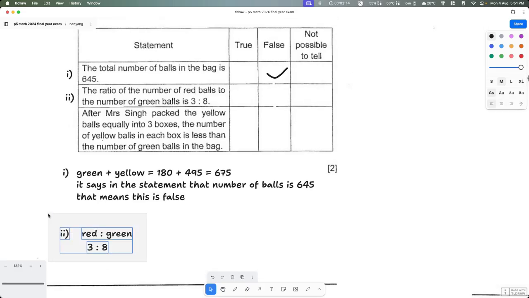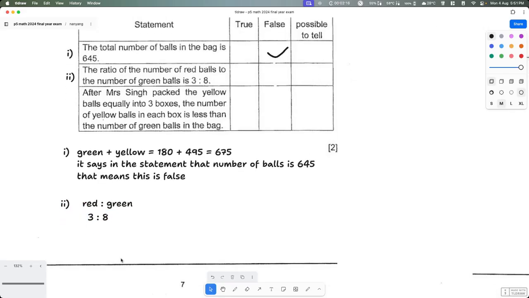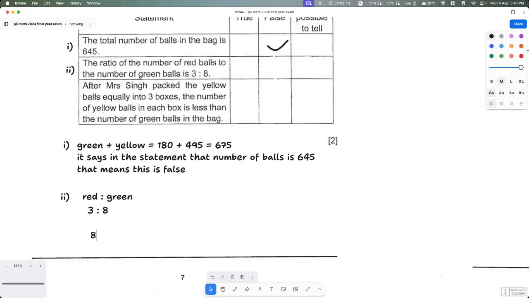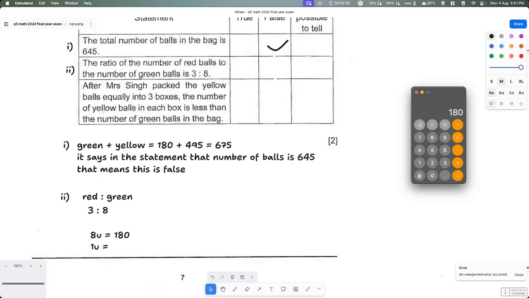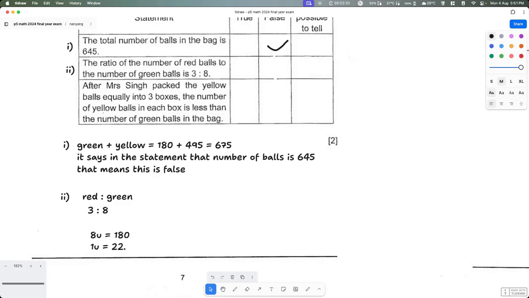So what this means is that we know the green, so 8 units is equal to the green, which is 180. So 1 unit is equal to, let's use the calculator, 180 divided by 8. This will be 22.5. Okay, so 22.5.